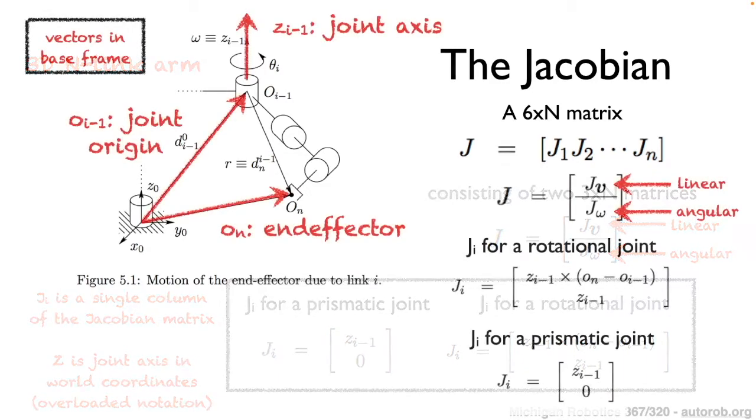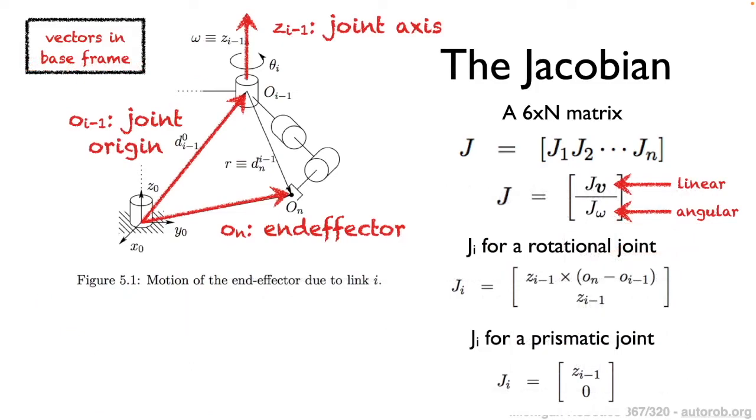One thing I want to point out is some of the notation here in relation to our figure. Within this figure, O sub n denotes the current position of the end effector with respect to the base frame, which we can think about in this case as being the world frame. So this O sub n is a 3D vector that points from the origin of the world, in this case the origin of the base frame, to the end effector's position.